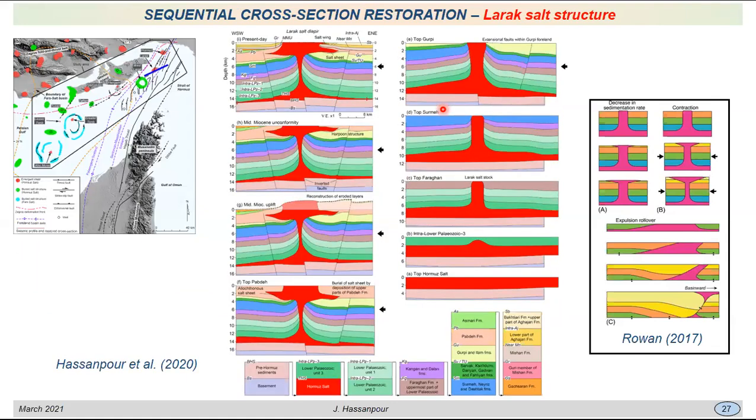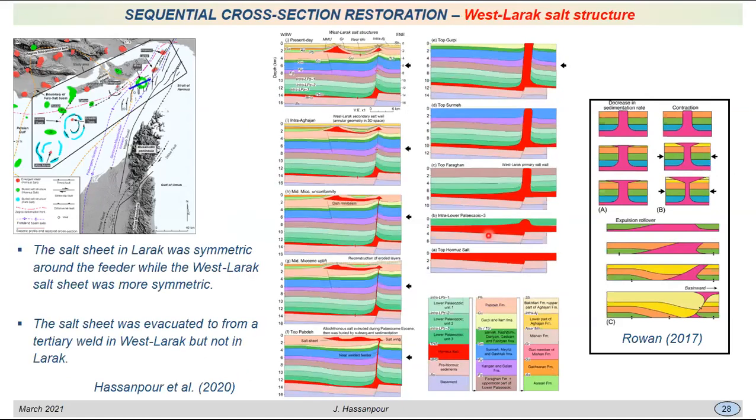So overall, the evolution of the diapir during the Paleozoic and Mesozoic, as you can see, is quite similar for both salt structures, with the exception that in the case of the West Larak, it is a salt wall developed above a basement fault dipping to the west.